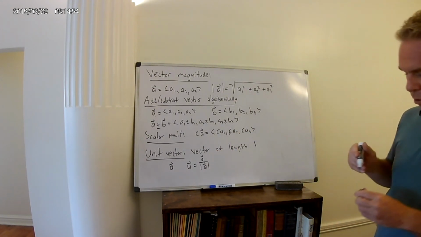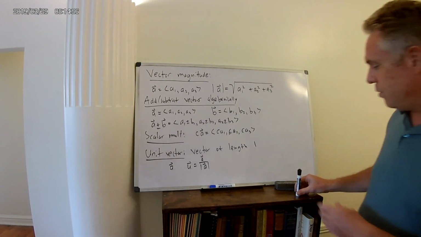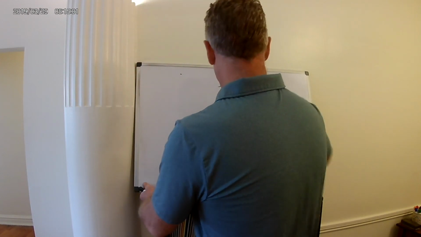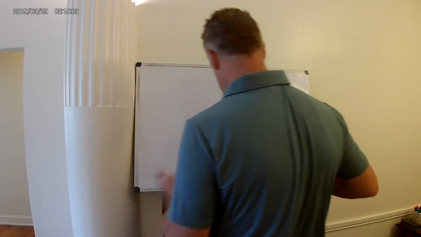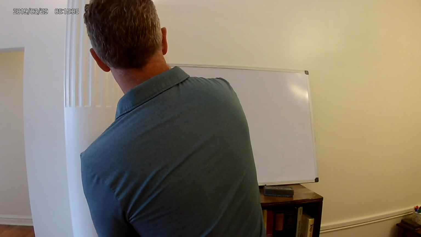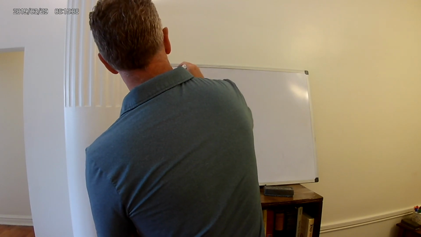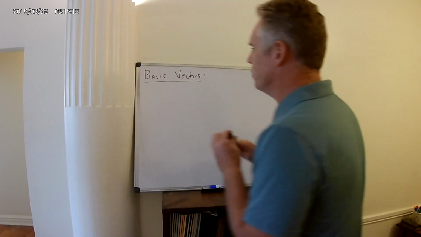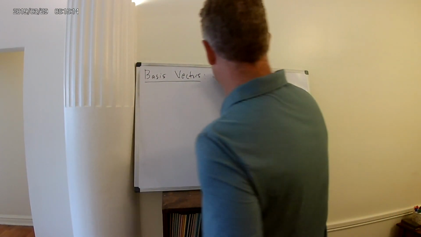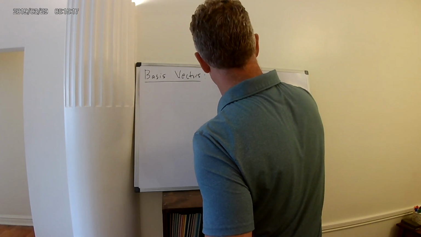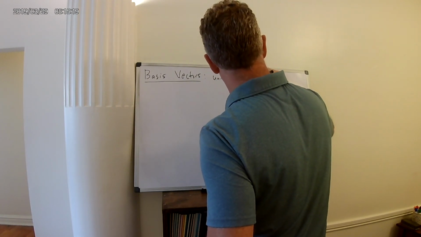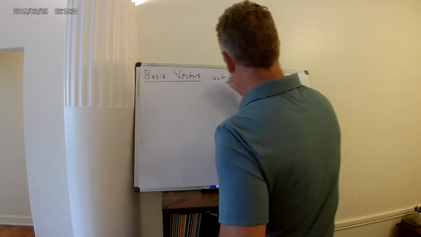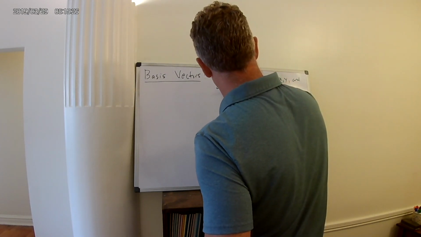And unit vectors are useful in describing a basis. So let me just talk about the basis vectors. Basis vectors are unit vectors along the x, y, and z axes, okay?